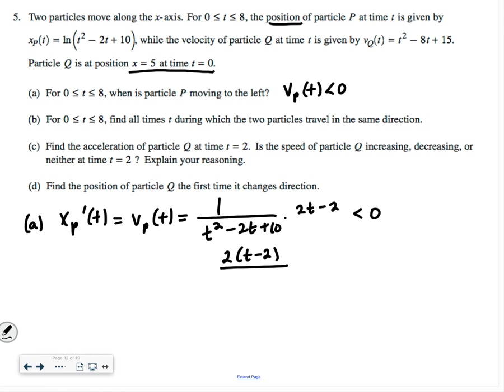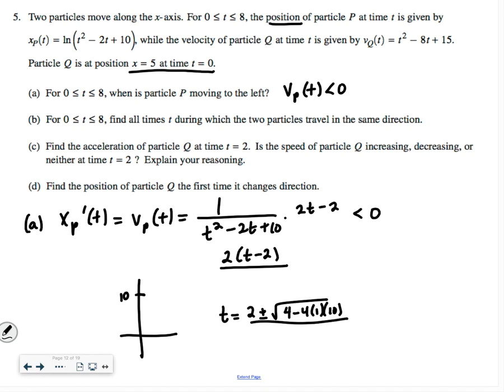if I have t squared minus 2t plus 10, that's actually positive everywhere. So if you think about what that looks like, it has a y intercept of 10, and you can try to find where it's equal to 0, but it actually isn't. So like if you started doing the quadratic formula, you'd have negative b, so 2 plus or minus the square root of b squared is 4 minus 4a and then c.